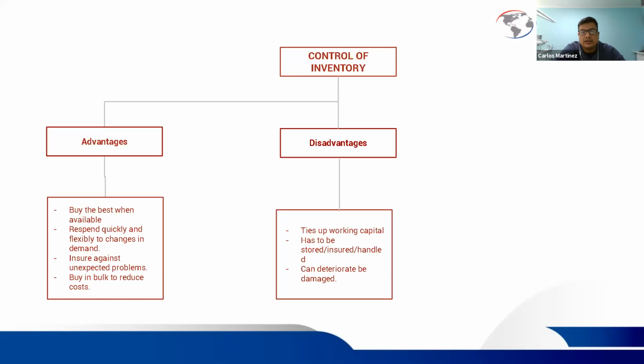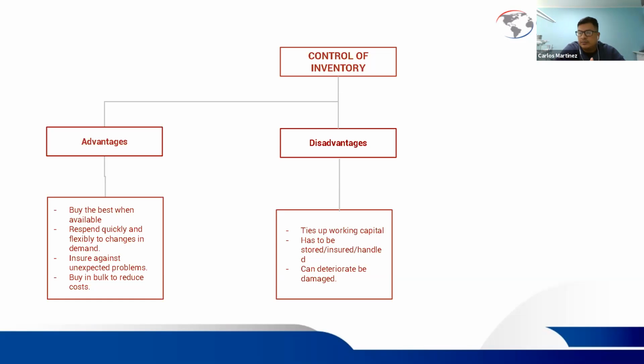And of course, it has to be handled. If I buy something and I use it immediately, then that's done. Otherwise, this needs to be handled properly and safely from my supplier to my storage, and then in the storage it needs to be maintained with certain temperature, lighting, and humidity.